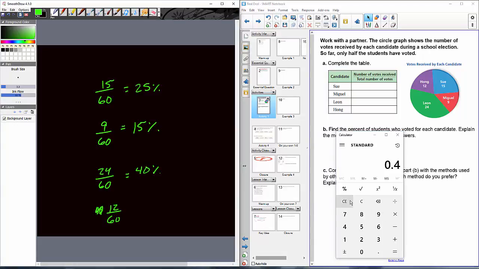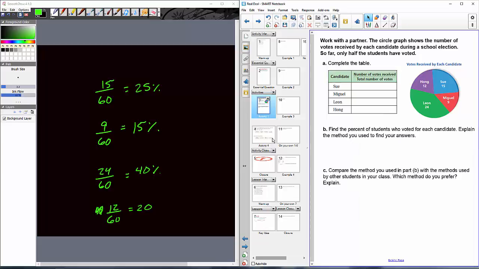And finally, 12 divided by 60 is 20%. Let's add these up and make sure I have 100%: 20 plus 40 plus 15 plus 25. That's 100% of the votes I've counted. So that's how you do that.